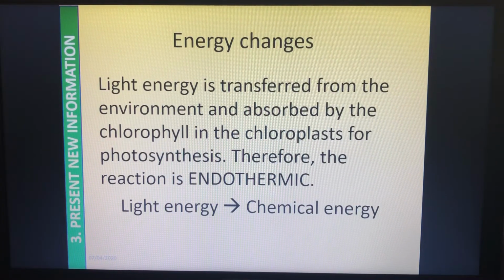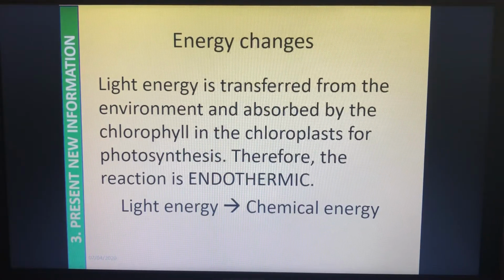Now we know that that light energy is taken in by the chlorophyll. Because energy is taken in for this reaction to work, and then chemical energy, the glucose, is produced, we can say that photosynthesis is an endothermic reaction.